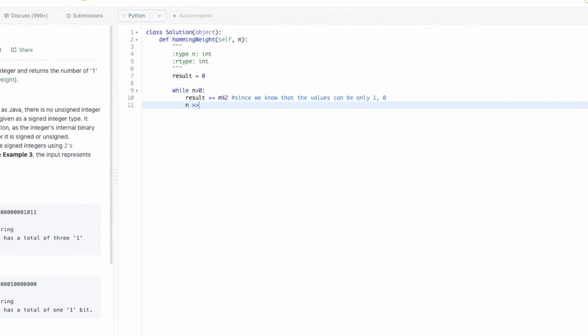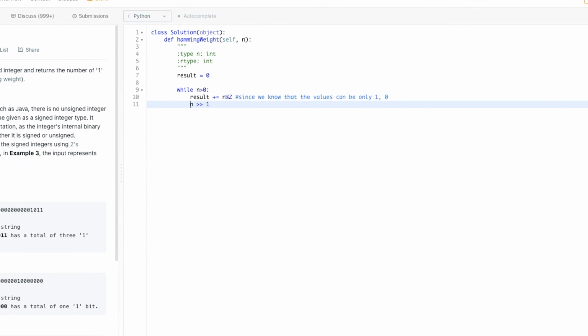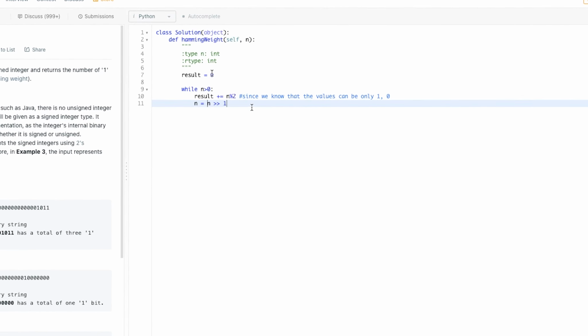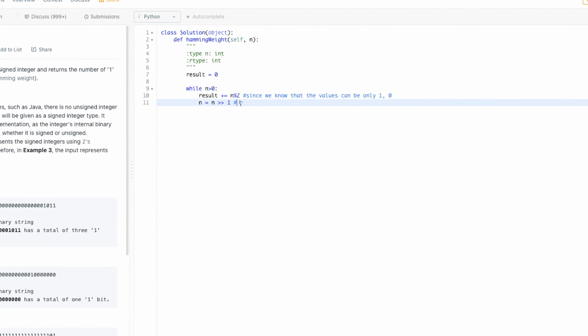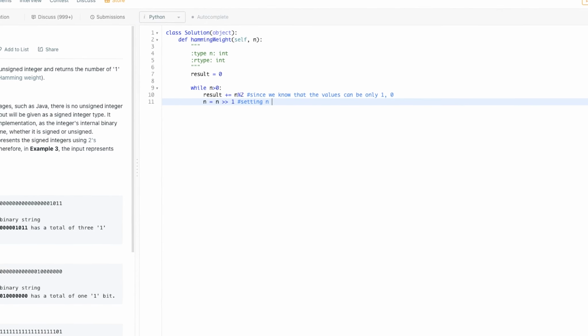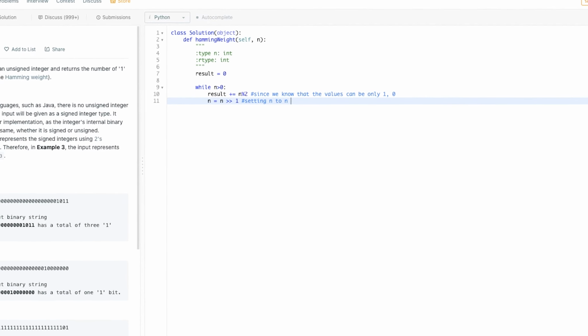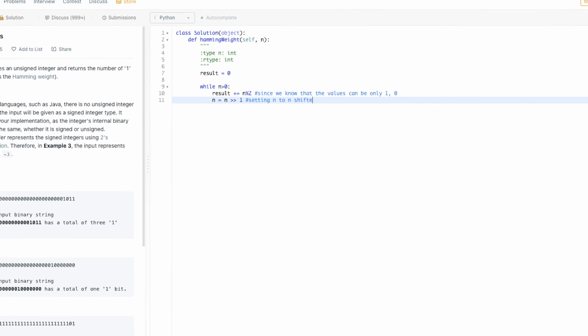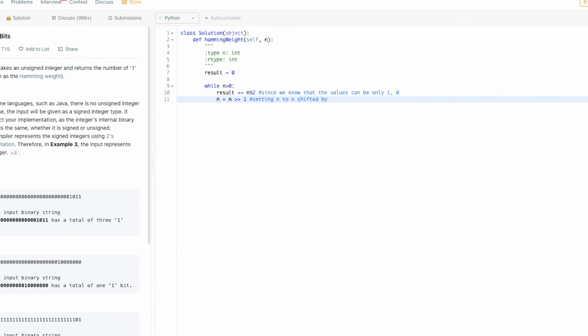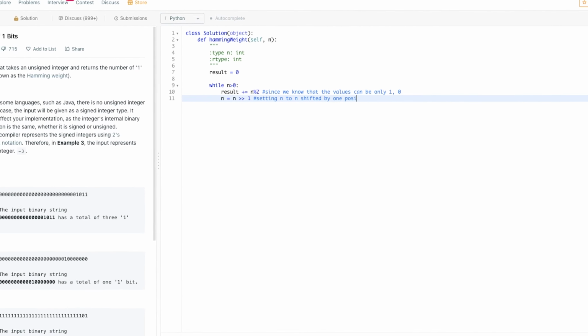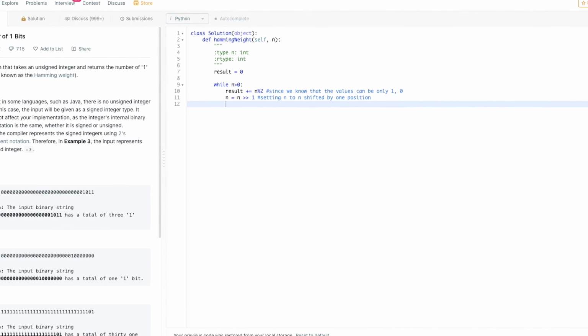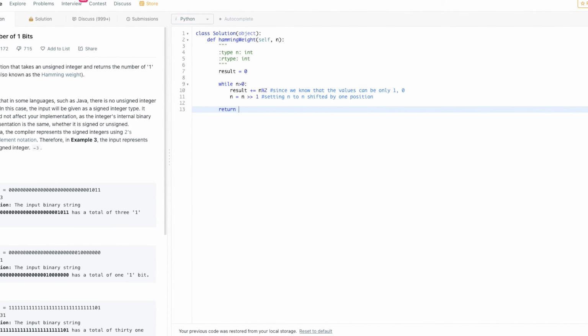And then shift n, so n equals n shifted right by 1. And then we just return result.